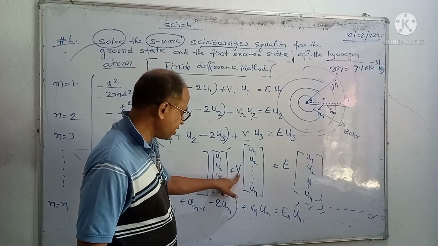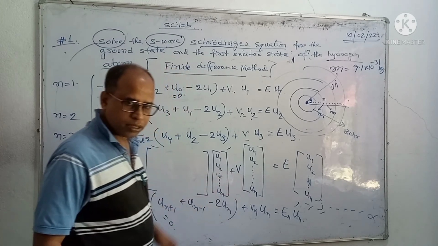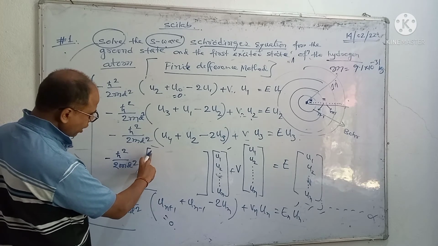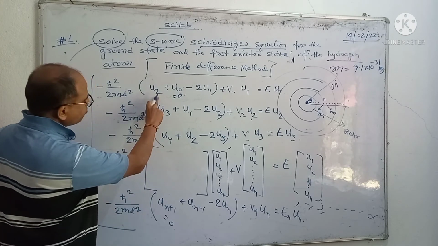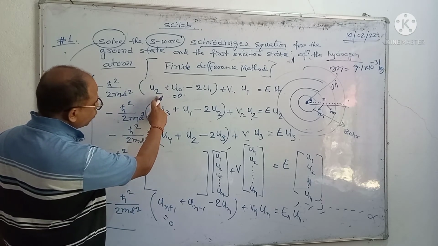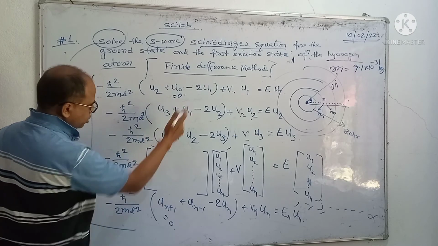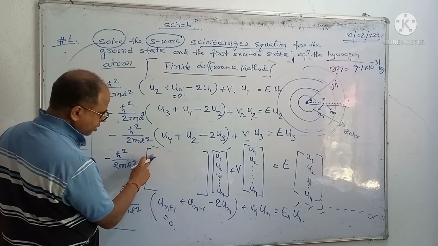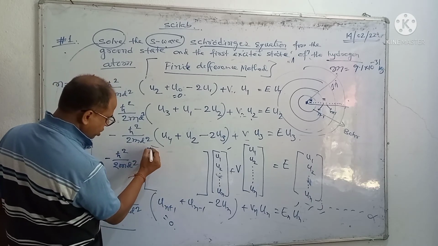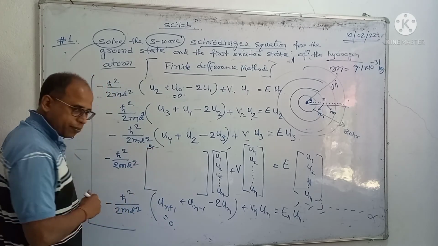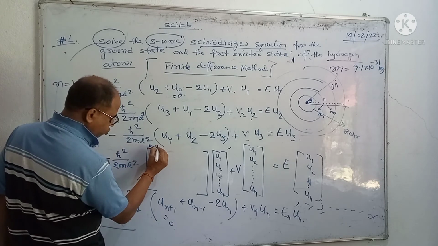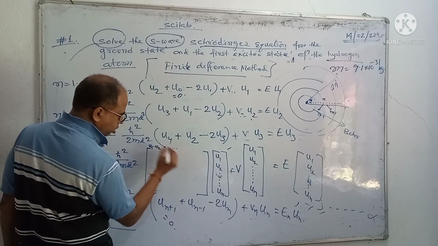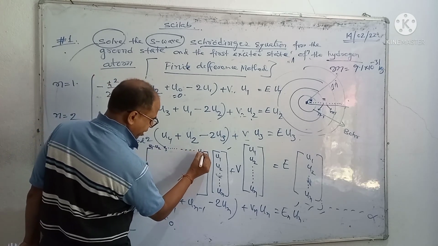V is a matrix here. Okay, right? Now what can I write? You see here U2, here is U1 column, U2 column, U3 dot dot dot dot Un.